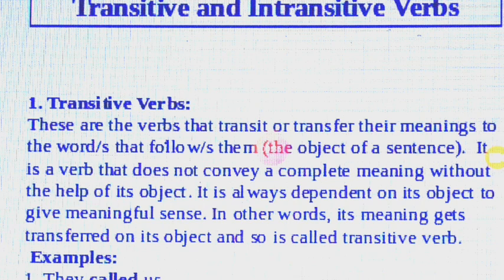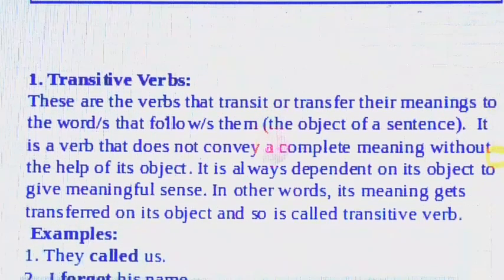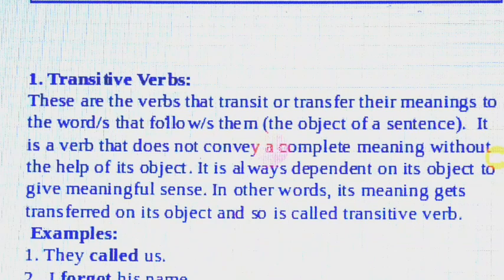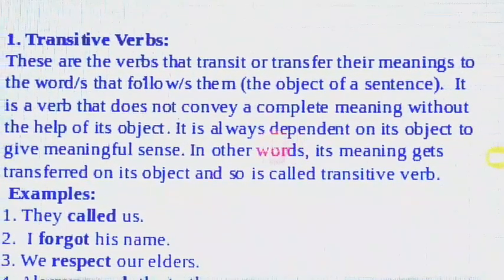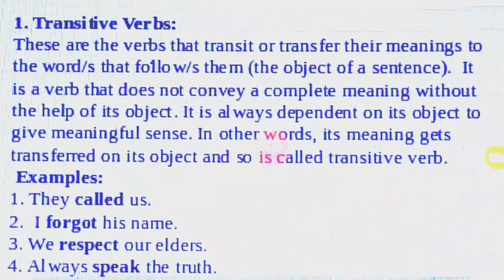So what is transitive verbs? Transitive verbs are those verbs which require object or objects. Without the object or objects, such verbs are not complete in their meaning. So they must require an object. These are the verbs that transit or transfer their meanings to the word or words that follow them, or the object of a sentence.